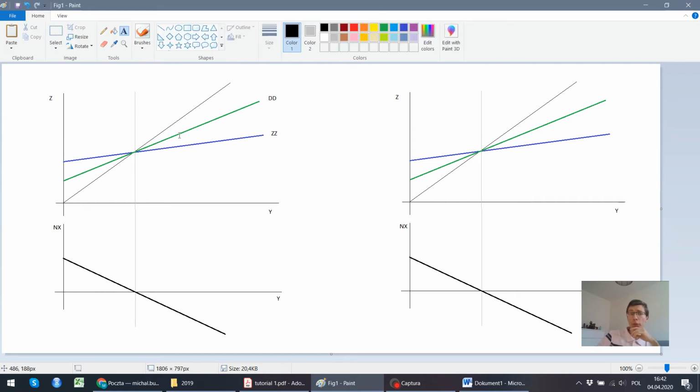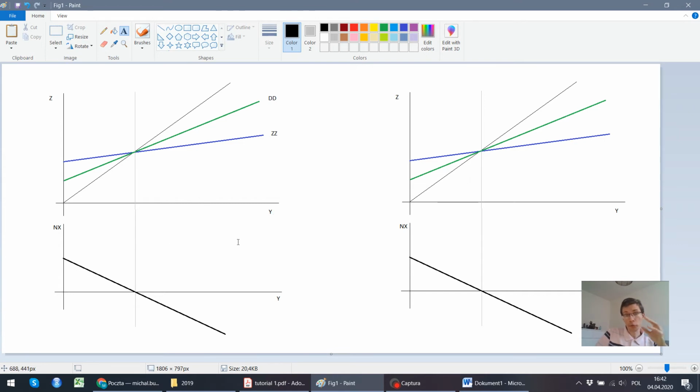The difference between the two curves is exactly the value of net exports. When the blue curve is above the green curve, this means that there is a surplus in terms of trade. So net exports is positive, and this is exactly what we see here. In the point where those two curves intersect, the blue and the green curve, there is a balanced trade.